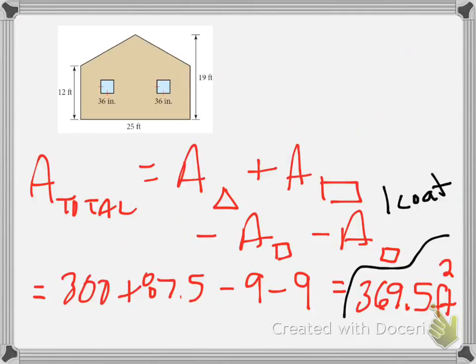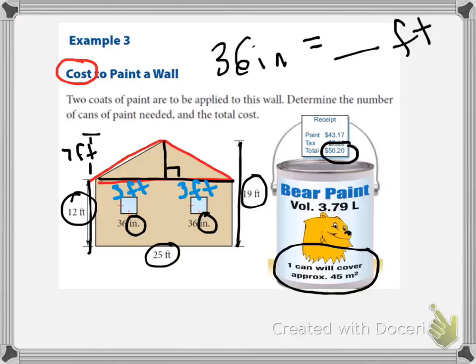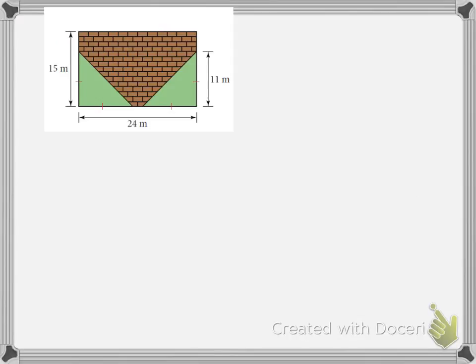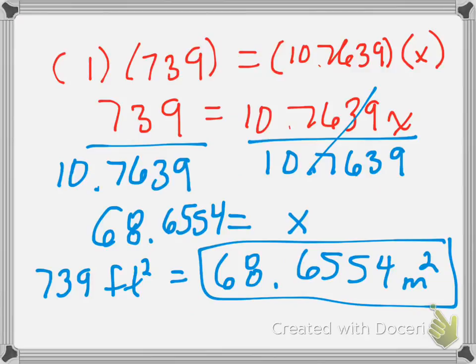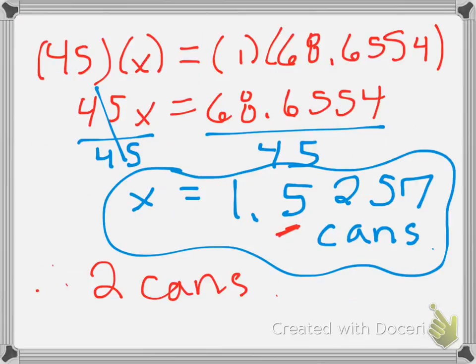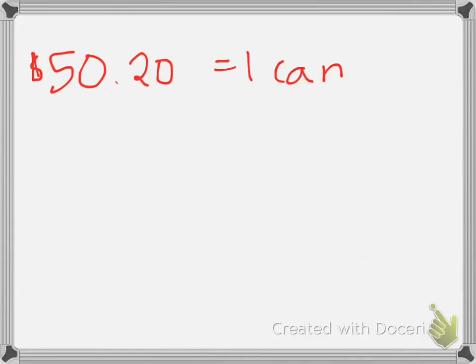Now, what did the question ask us? Determine the number of cans of paint needed and the total cost. So 1 can is $50.20, so you can multiply that by 2 in your head and get $100.40, I guess. Or we can do it on paper and show our steps. $50.20 is 1 can of paint.